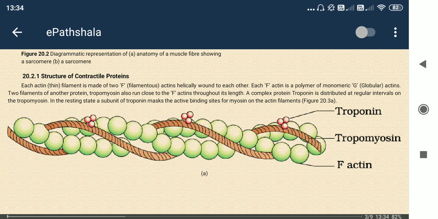F-actins are many, a ball-like spherical structure, and surrounding it the tropomyosin is spirally attached. On the top of the tropomyosin 3 units of troponin are present. So these three structures are present in the contractile protein.